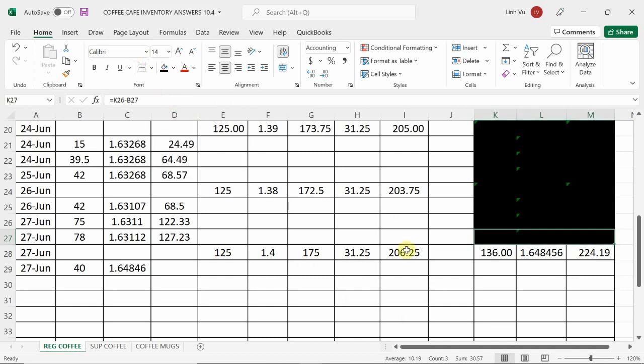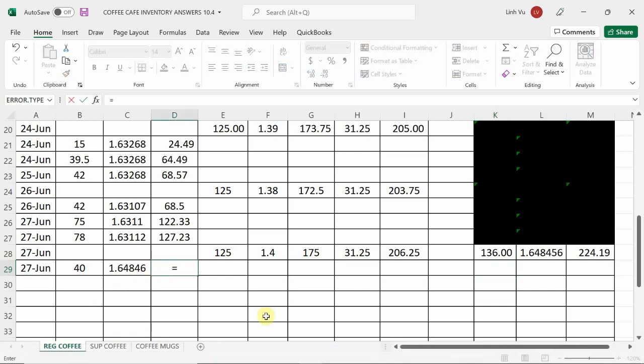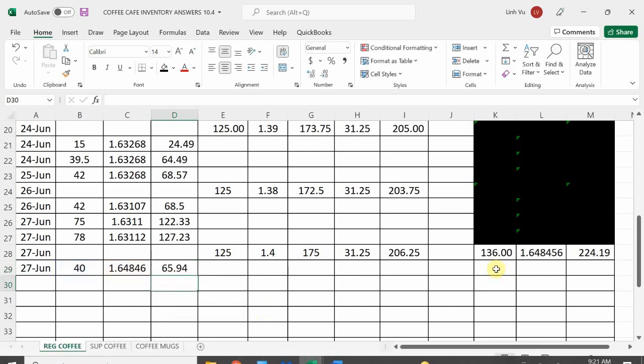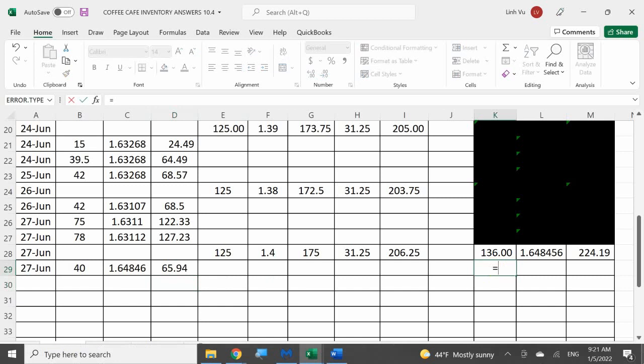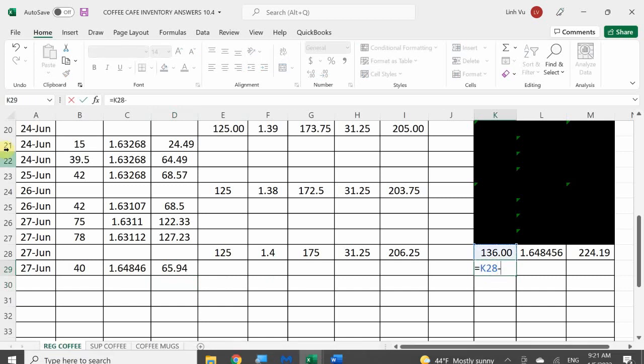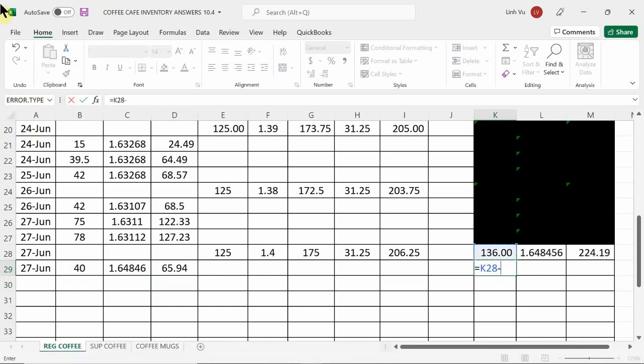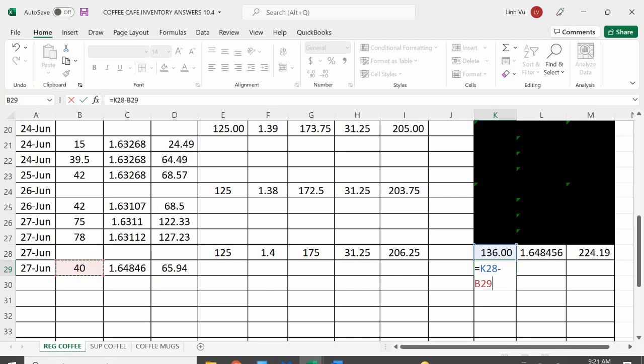Okay. There you go. So how much is the total cost of goods sold? $65.94. Let's update our inventory, right? We had 136 and we used 40 pounds.